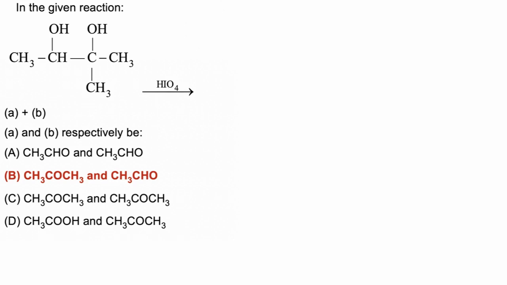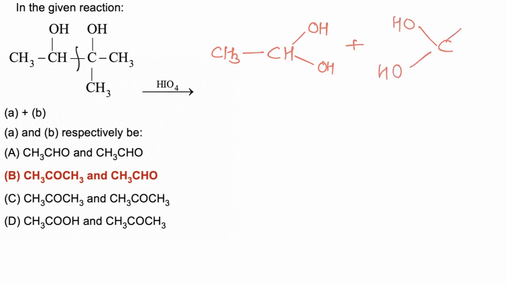In this question, we have to identify the final product of the reaction. So in the presence of HIO4, periodic acid oxidation, the OH-OH bond is cleaved and two OH groups will attach to both of the carbons. So CH3CHOH is one of the products and the other is C(OH)(OH)(CH3)(CH3), which is formed as a product.